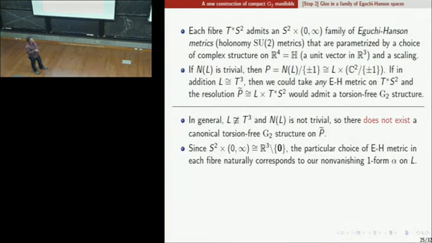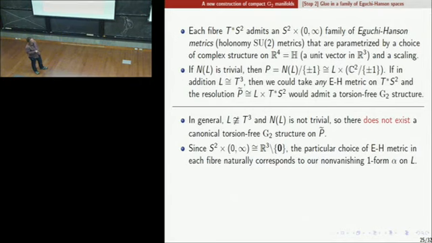So this choice of alpha, this non-vanishing one form on the associative, on the special Lagrangian, is telling us really which Eguchi-Hanson metric to pick over each fiber, right? So alpha is what makes the normal bundle into a complex vector bundle, but it also tells you which Eguchi-Hanson metric to take. And so you could construct a canonical G2 structure using alpha.